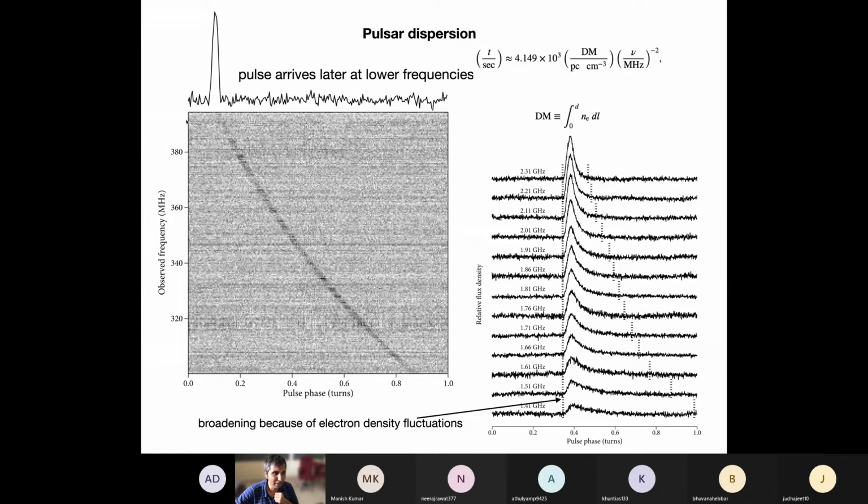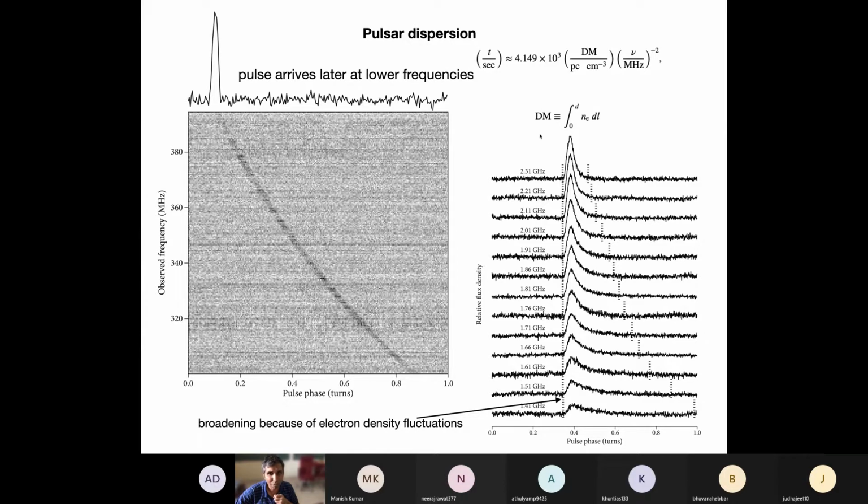If you are at high frequencies, the pulse arrives earliest, and if you are at low frequencies, the pulse arrives at later times. This is because of this dispersion that I mentioned in the last class, that the group velocity of electromagnetic waves is affected because of the plasma medium, right?